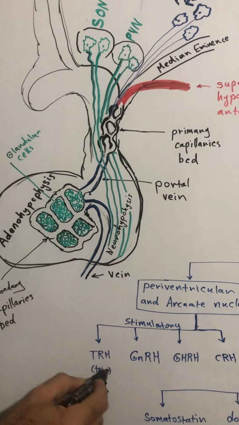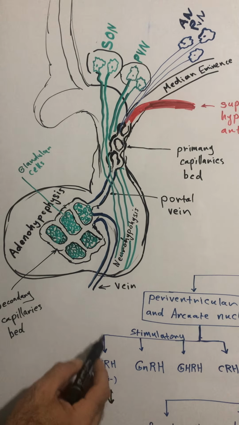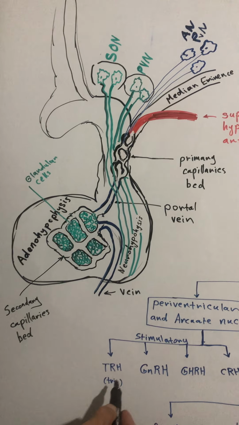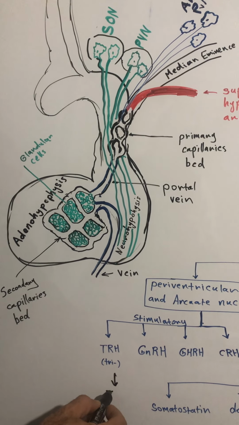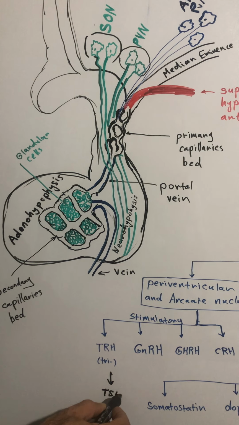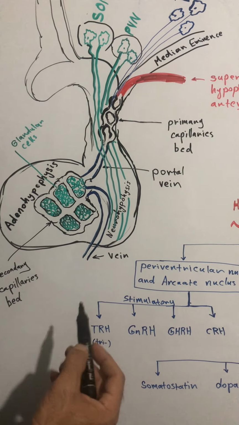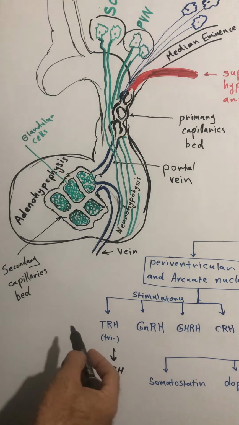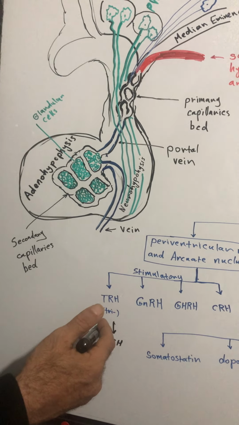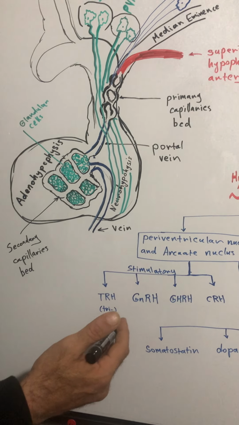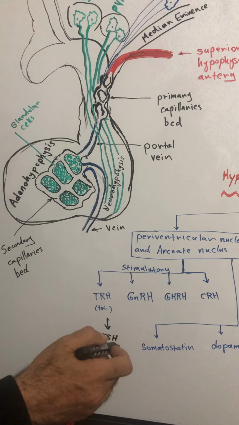So the TRH, thyrotropin releasing hormone, stimulate the thyrotroph cells in the anterior pituitary gland to release thyroid stimulating hormone, which will be poured into the blood and reach the thyroid gland to stimulate it to release its hormones, which are T3 and T4.